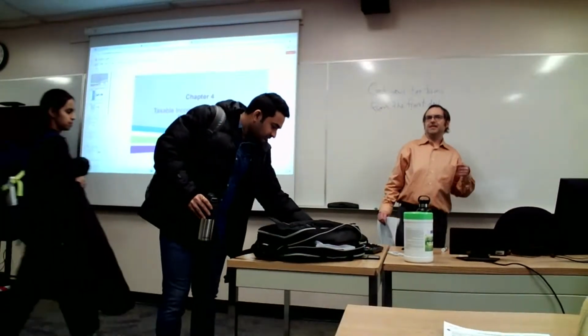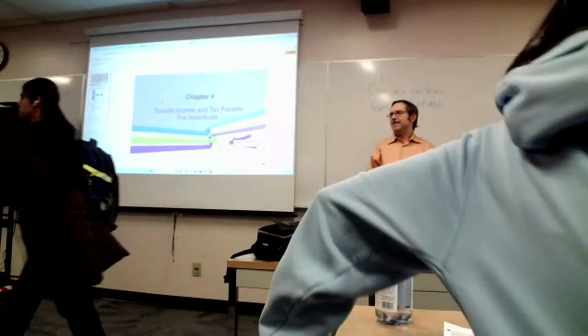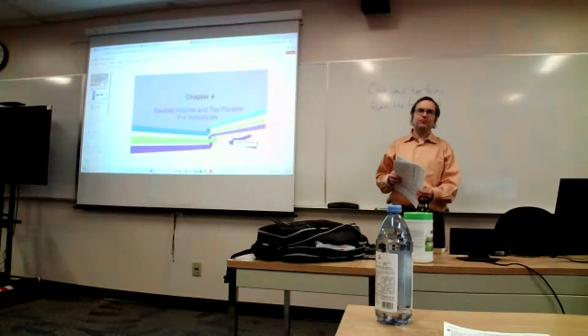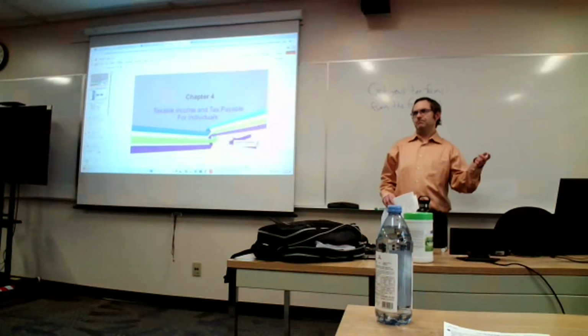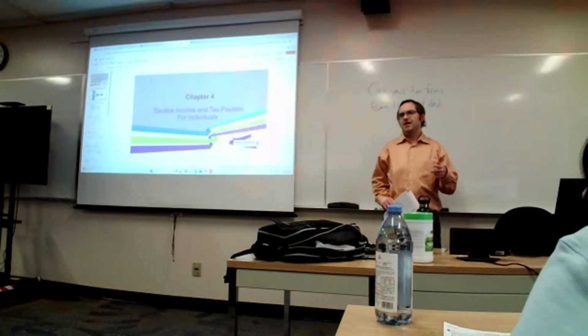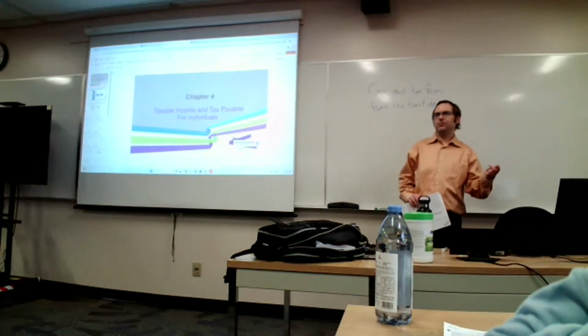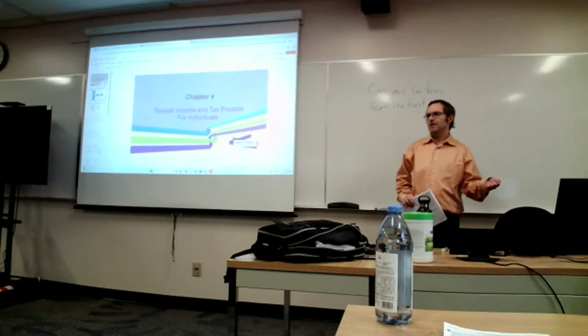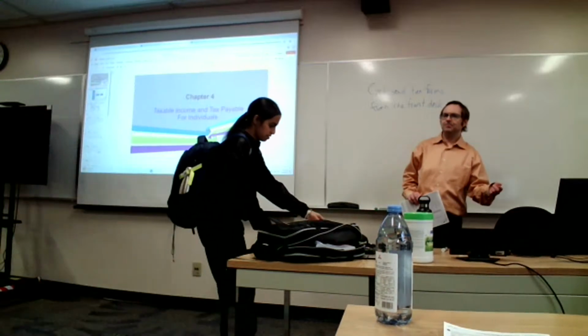So deductions take your total income and reduce that down to net income. And then after we get our net income, for the sake of this course, we usually just say that our net income is going to be equal to our taxable income.